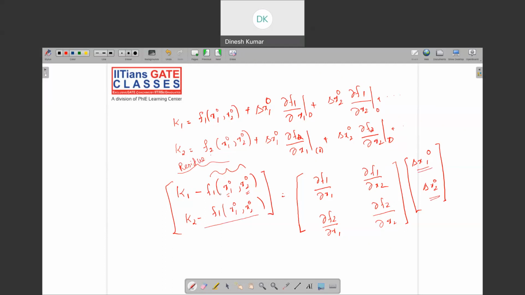Assume that these are 0, that means this x1 is the exact solution. If we minimize delta x to nearly 0, that means x1 0 is the exact solution. So we have to minimize this particular function, and if you make it 0, then we can find the solution. That is how it actually works.